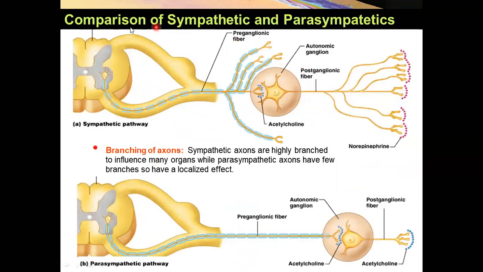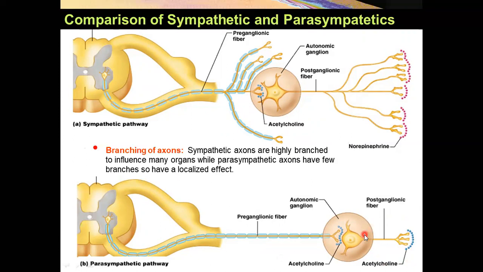Now, when our sympathetic nervous system is stimulated, it leads to a very diffused effect. By contrast, when the parasympathetic nervous system is activated, it leads to a more localized or focused effect.